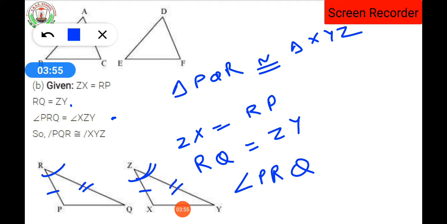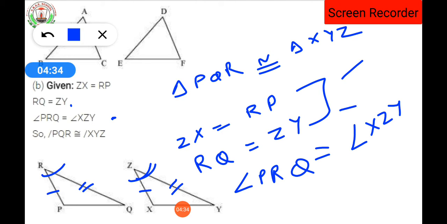Have I taught you this congruence criteria? In the side angle side congruence criteria, what the criteria says is that two sides and the included angle of the first triangle are equal to the corresponding two sides and included angle of the second triangle. So the side angle side congruence criteria is applicable over here, because here there are two sides, and in between the two sides this angle is made.